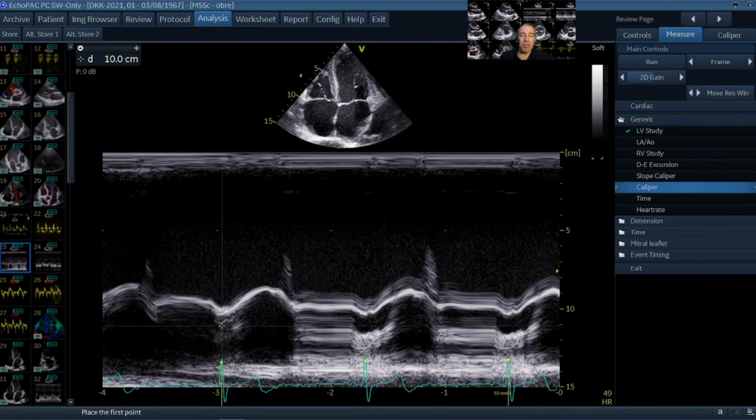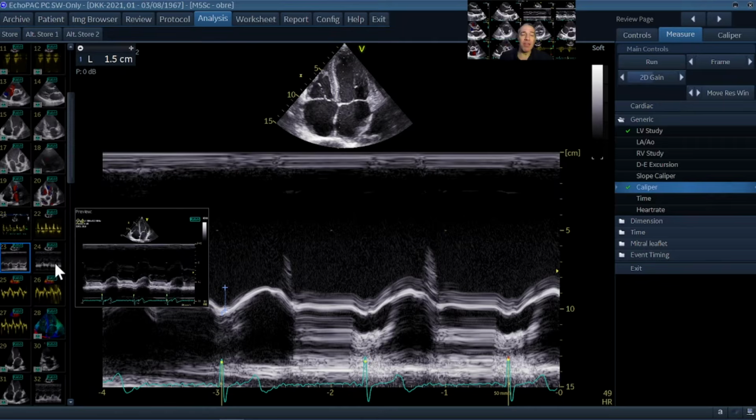And you measure now from the end diastole, and I stay on the line here, up to the end systole, so the maximal inward motion, and that gives you a value of 15 millimeters for the septal hinge point here. So that's a long axis function at the septal level.